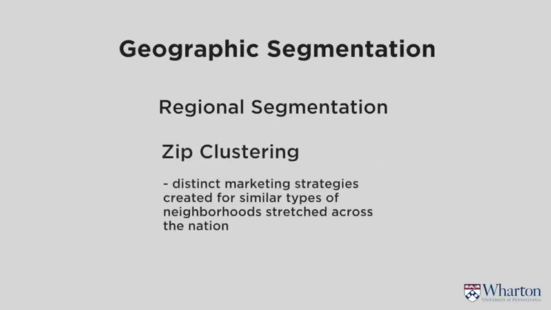Another way that markets tend to be segmented is by geography. It turns out that people who are similar tend to live together in the same neighborhoods. And there are different ways to segment. There's a segmentation scheme called PRISM that actually defines the entire country based on these geographic clusters. And they're not defined necessarily by where they are.